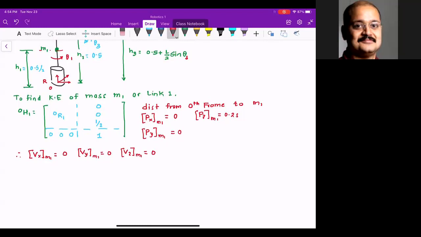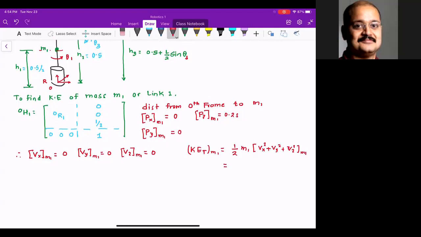Yeah. So now what I'm going to do is I'm going to write down here kinetic energy of translation for mass M1 is going to be 1/2 M1 Vx square plus Vy square plus Vz square for M1. Do you agree with me?